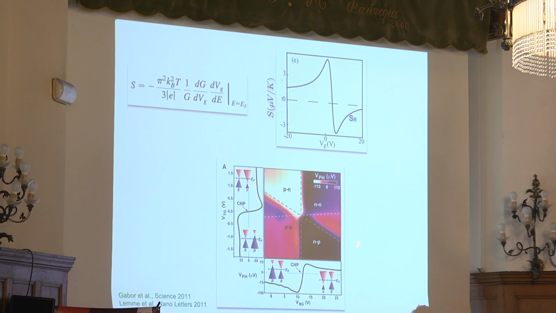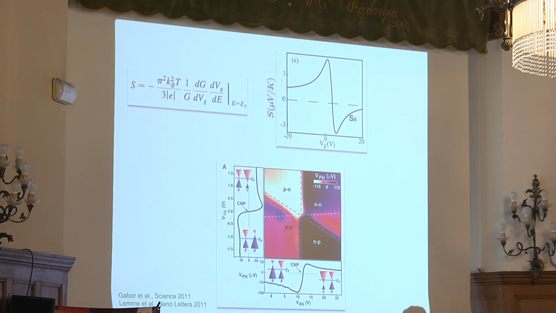Then you can make a whole matrix of all the different configurations. What you see here is that the sign of the photocurrent changes several times: positive here, back to positive, negative again, positive, negative. The reason is exactly this funky shape of the Seebeck coefficient.